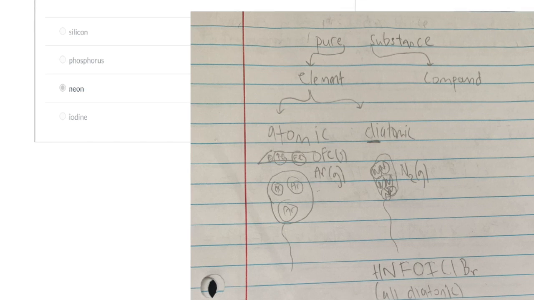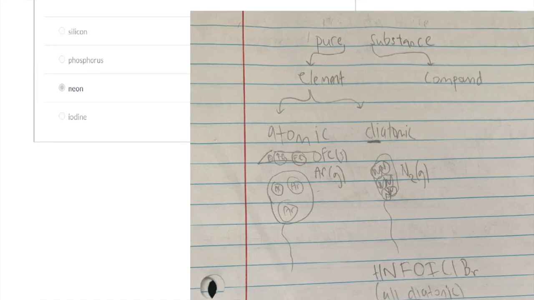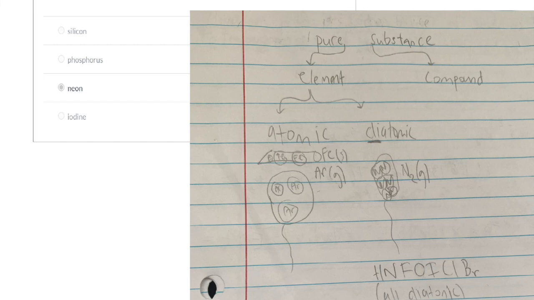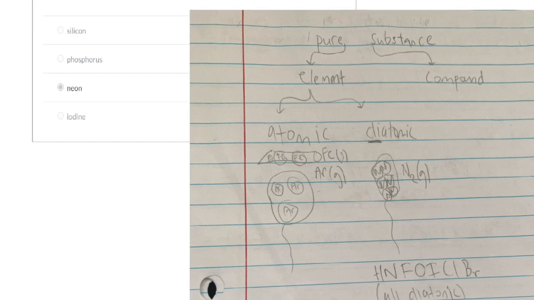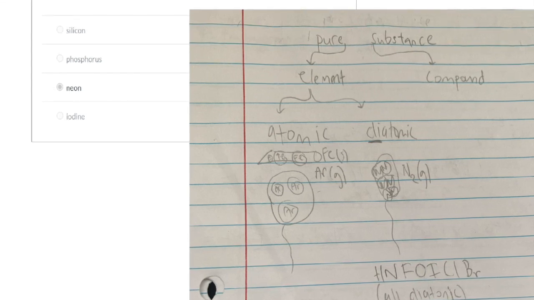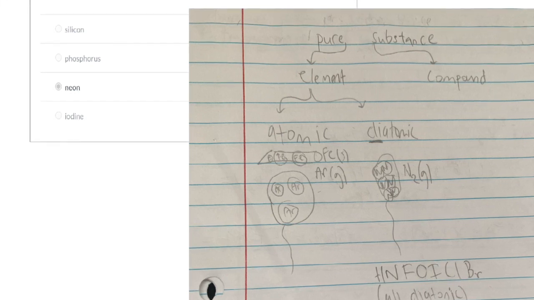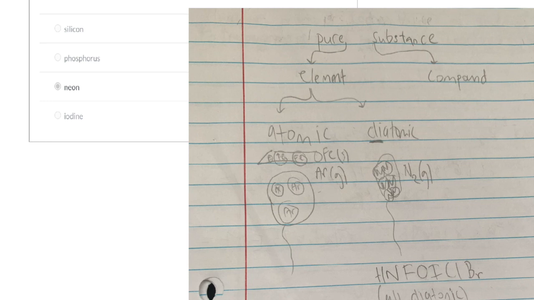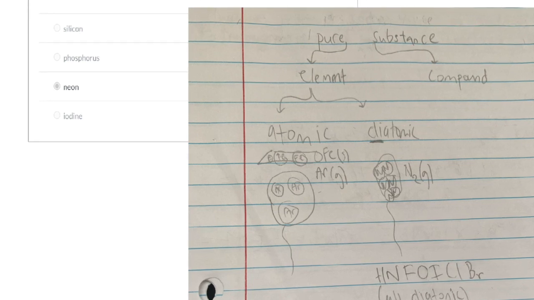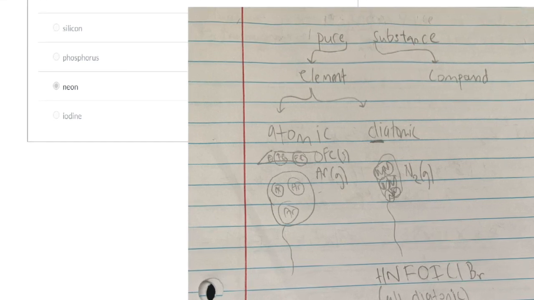As you can see in the example provided, there's 2 nitrogen atoms in one, so you write it as N2. And the only diatomic elements are hydrogen, nitrogen, fluorine, oxygen, iodine, chlorine, and bromine.